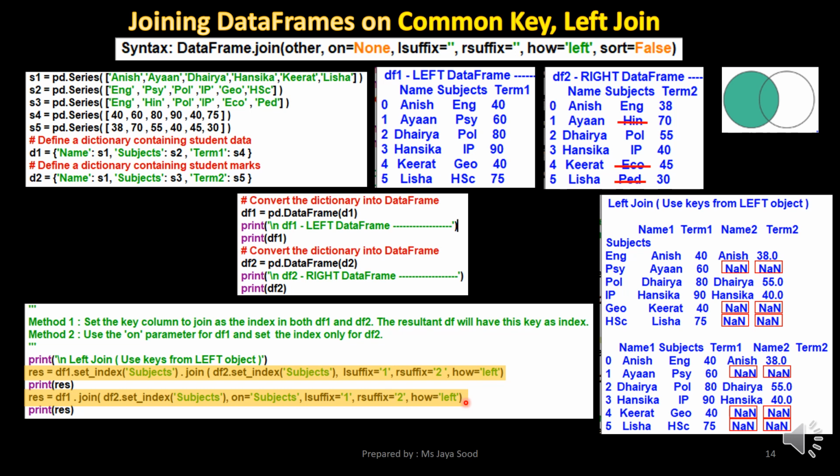A left join will again be created by using the values from the subjects column of the left data frame, as shown here in the output. The indexes of the left data frame will be retained in the resultant data frame.